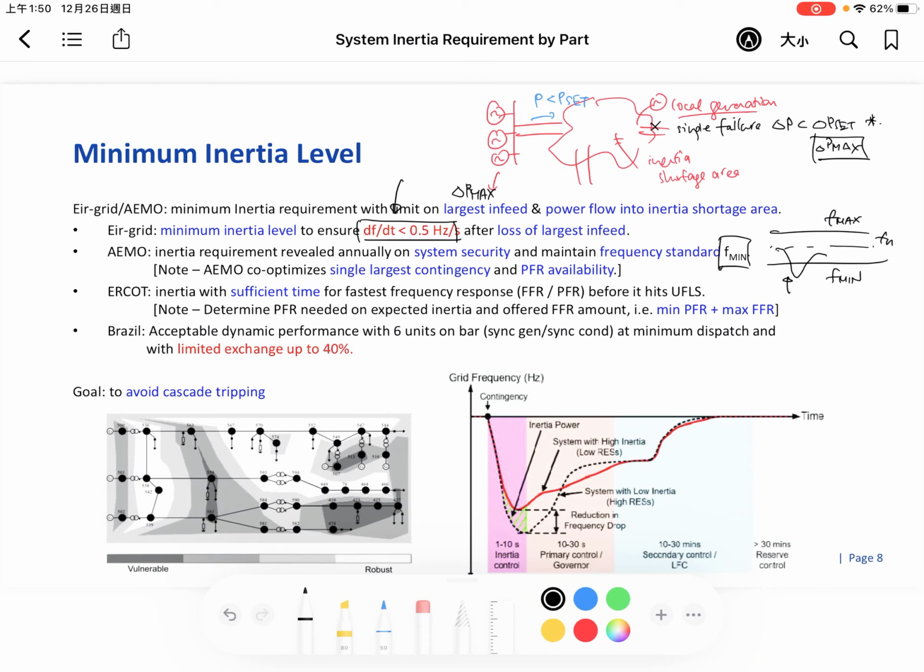It must provide enough inertia or fast frequency response such that the system will not go into under frequency load shedding or other kinds of system protection such that the load may be shed or maybe some kind of larger interventions will occur, or else it will become a blackout.